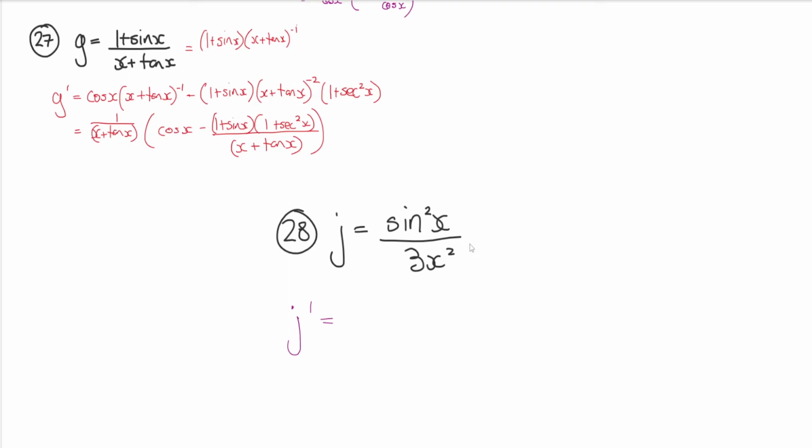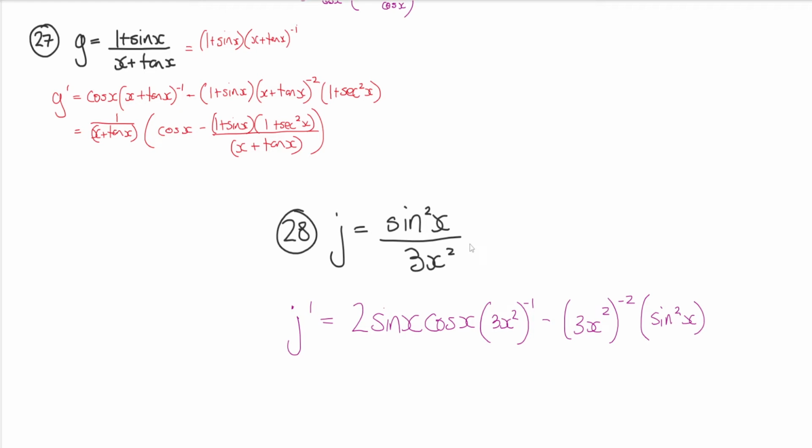So we get 2 sine of x times cos of x times 3x to the -2 plus, oh wait, no, that's not true. That's minus 3x squared to the -2, and then times our original top.